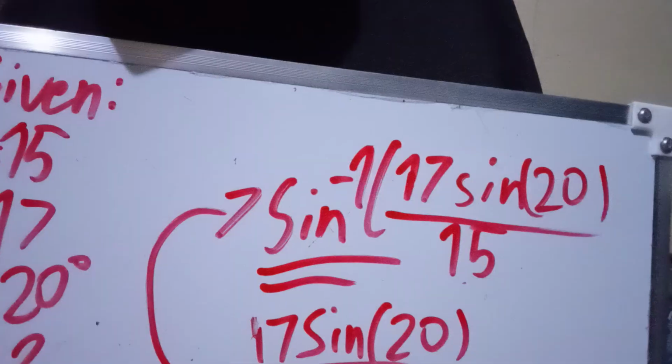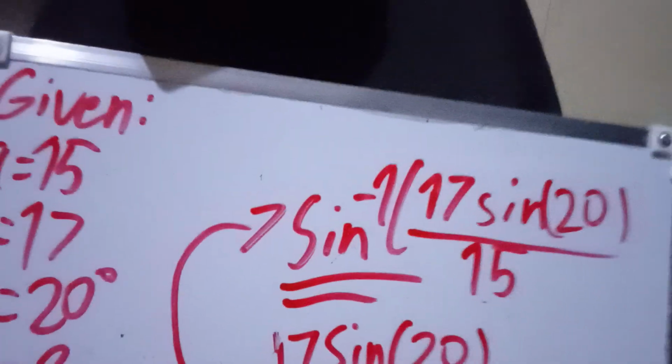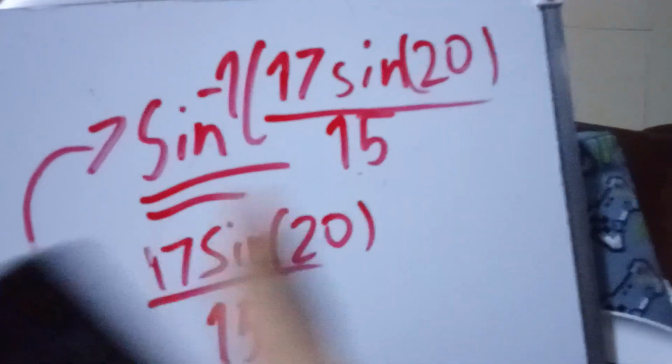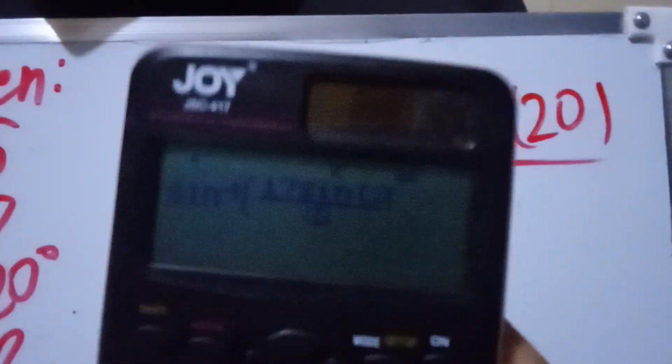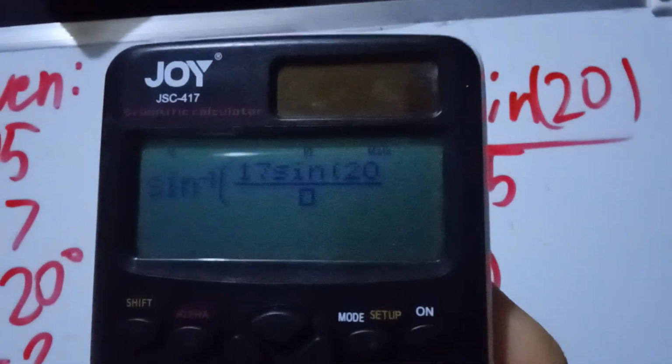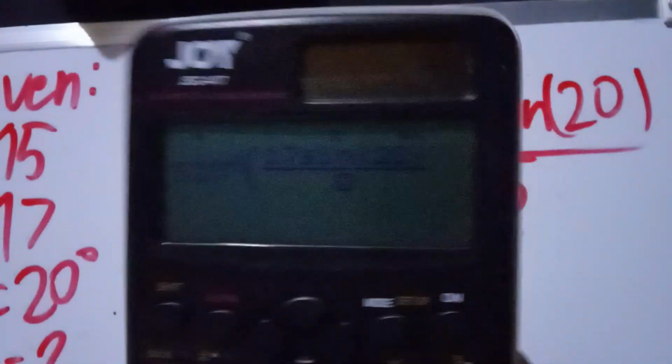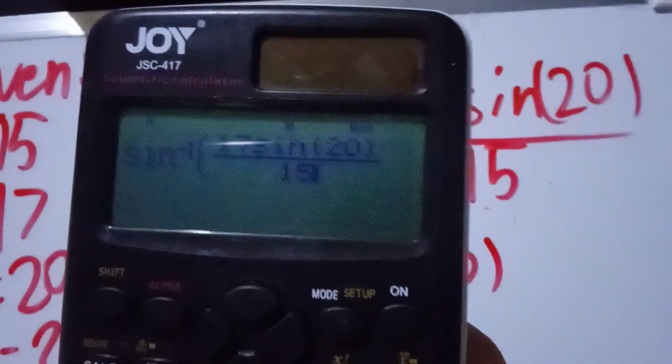So get your calculator and punch in what I wrote here: shift sine, 17 sine 20 over 15.